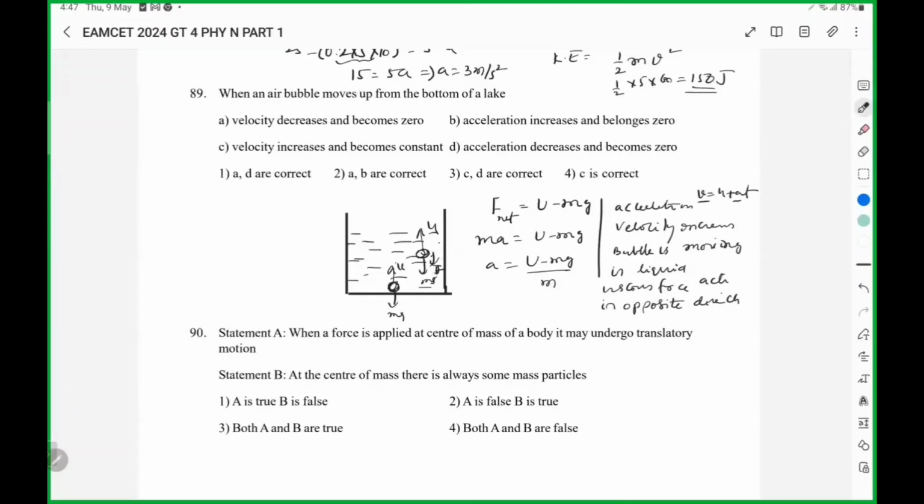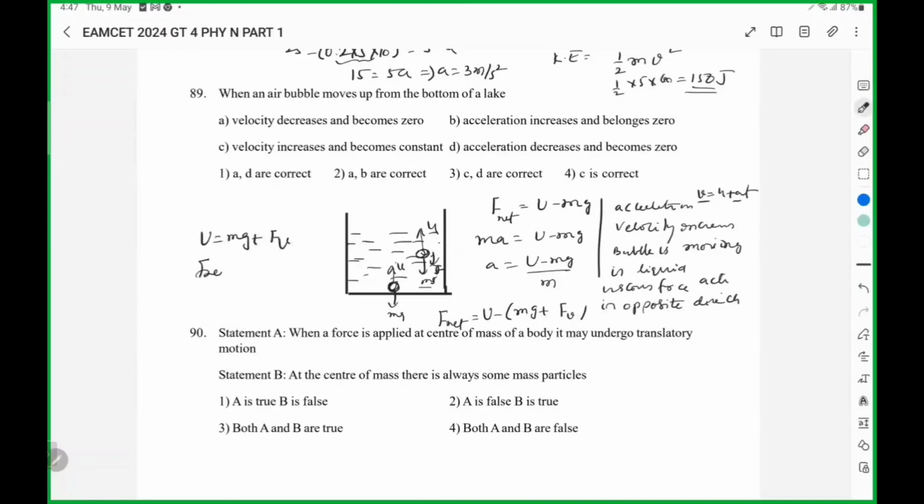Slowly, now the equation will be F net equals upthrust minus mg plus viscous force. With respect to velocity, viscous force increases. So one stage comes when upthrust is equal to mg plus Fv.